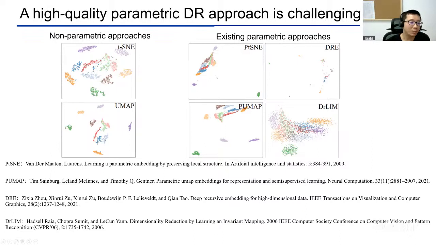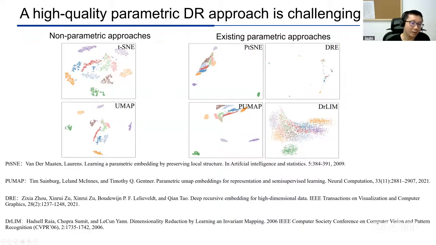But their embedding quality is lower than the non-parametric versions. We can look at the embedding results. On the left are the non-parametric approaches, including t-SNE and UMAP. On the right are the existing parametric approaches. We can see that the embedding quality is obviously lower than the non-parametric approaches.